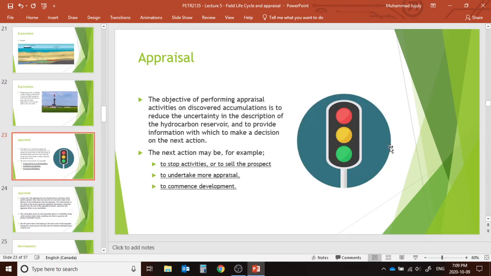Okay, now appraisal. What is the objective of the appraisal? Performing the appraisal activities on discovered oil and gas accumulation is to reduce the uncertainty.